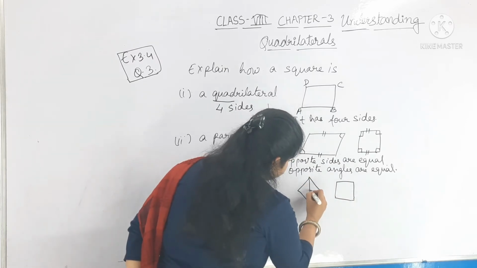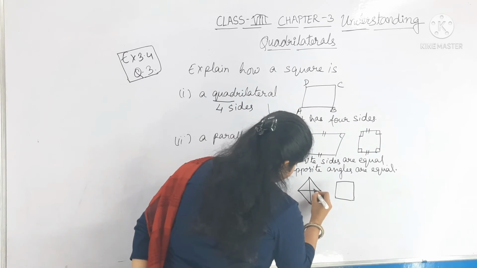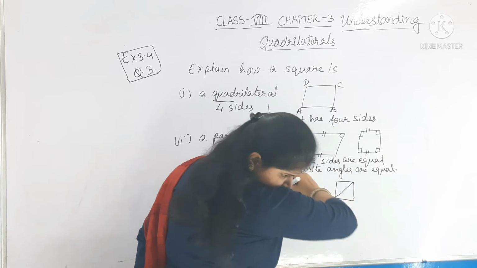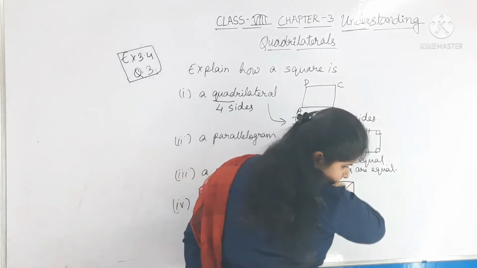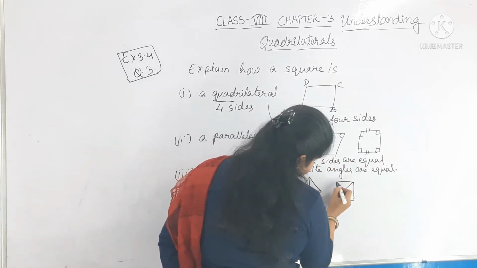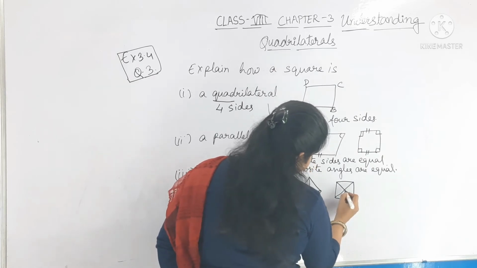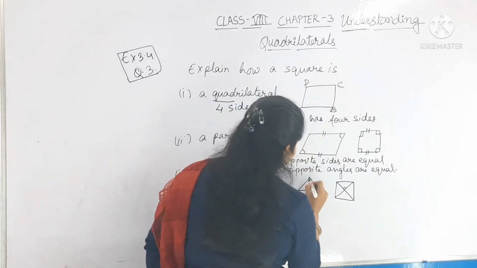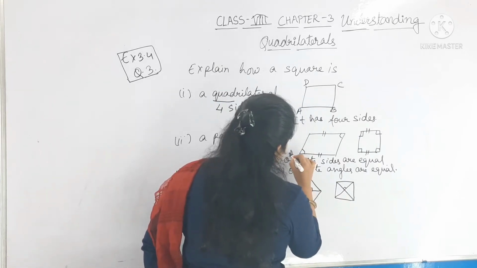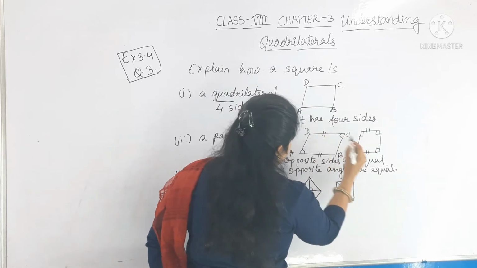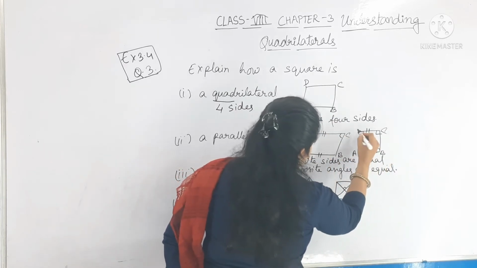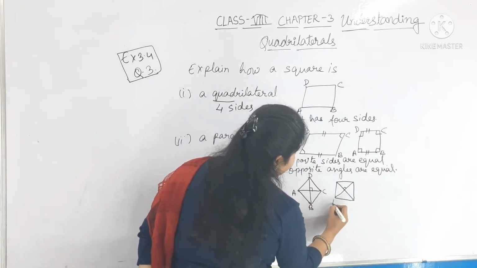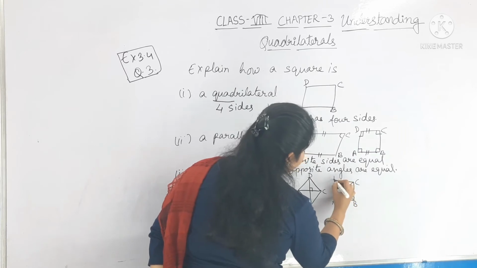I have made a rough diagram for the rhombus and square here.